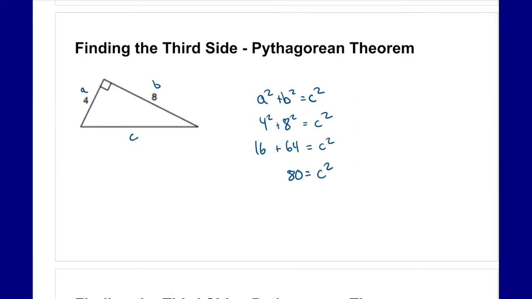Now, that does not mean that the hypotenuse is 80. We still have to square root our answer. So let's do it step by step actually. We still have to take the square root of 80, which will give us our actual side length. So the square root of 80 is 8.94 for our hypotenuse.